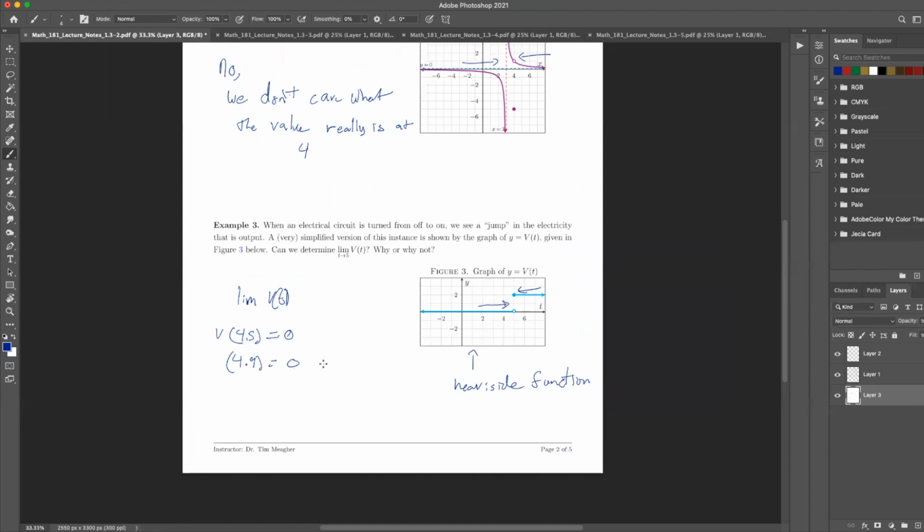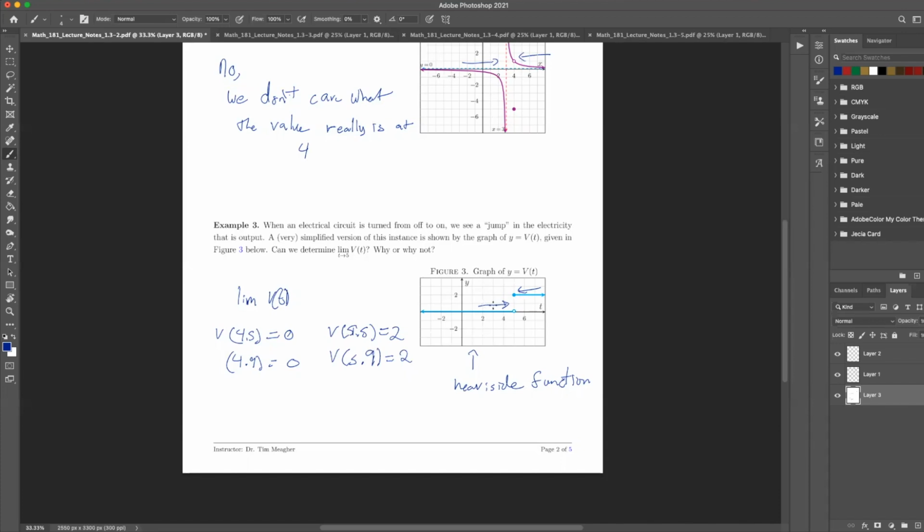So this looks like it's going to 0, but if we come from the other direction, let's say at 5.5, this looks like 2. And if we go from 5.9, this also looks like 2.